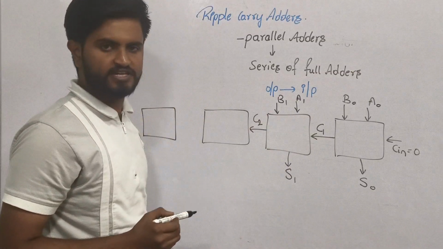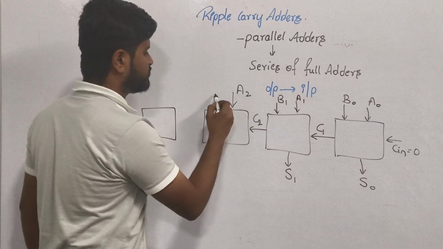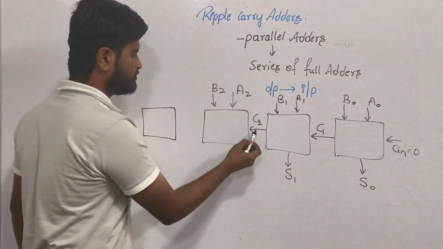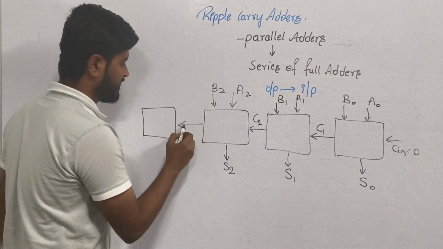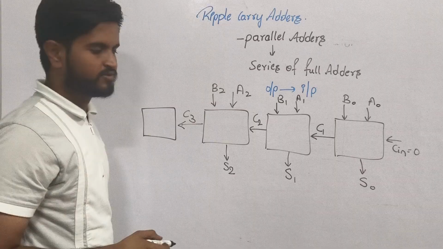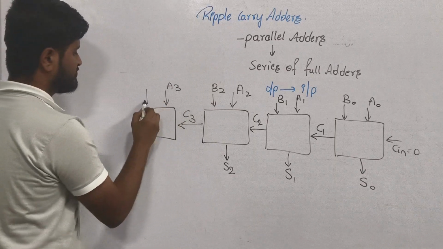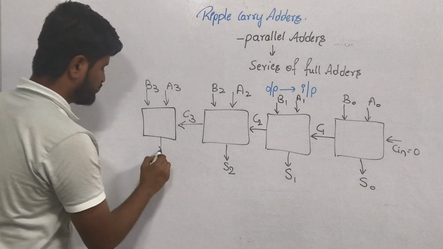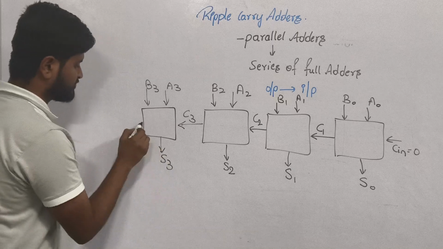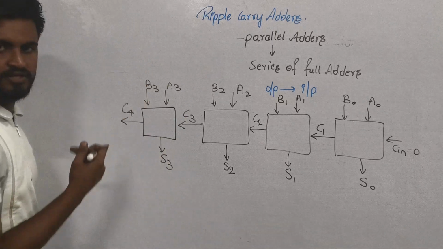This is S0, this is carry 1, this is carry 2, and the inputs for the next one are A2, B2, C2, and the outputs will be sum 2 and carry 3. Now for the next one, A3, B3 and C3 are the inputs. Outputs will be sum 3 and carry 4. It will continue like this.